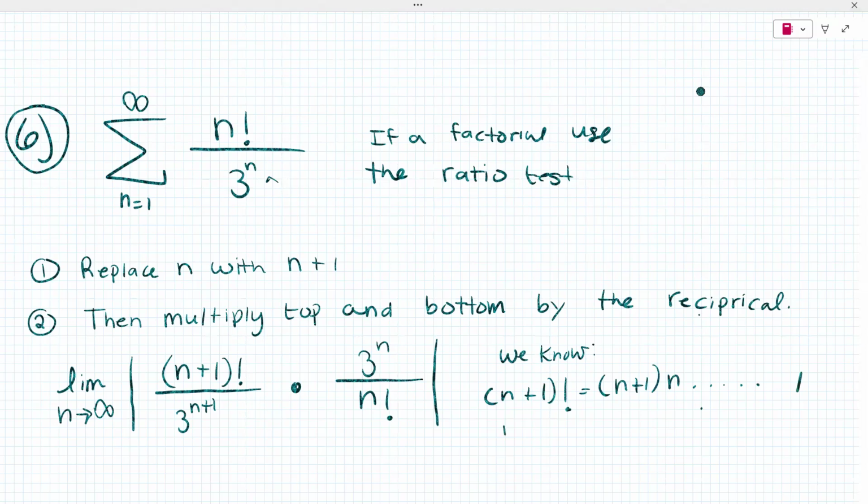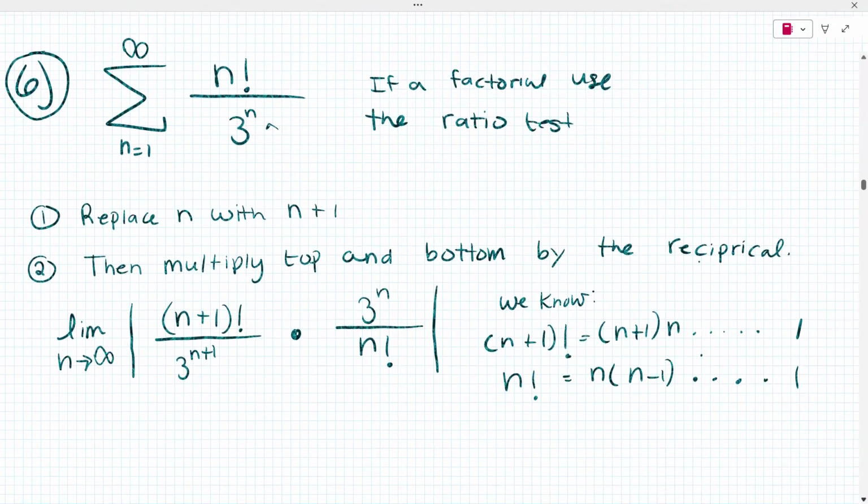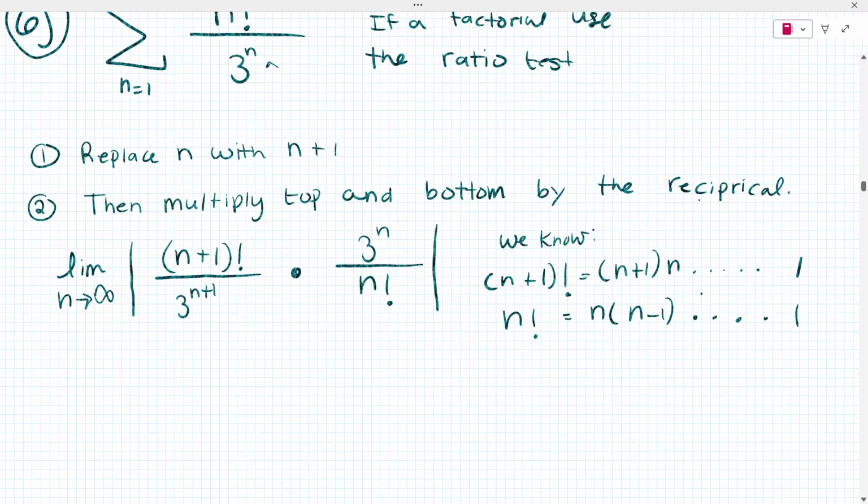We also know that n factorial is the same thing as n times n minus 1, dot dot dot, until you hit 1. We also know that 3 raised to the n plus 1, remember your exponent rule, is the same thing as 3 to the n times 3.